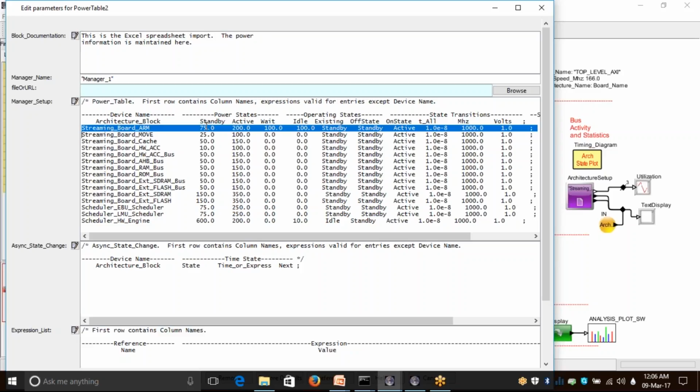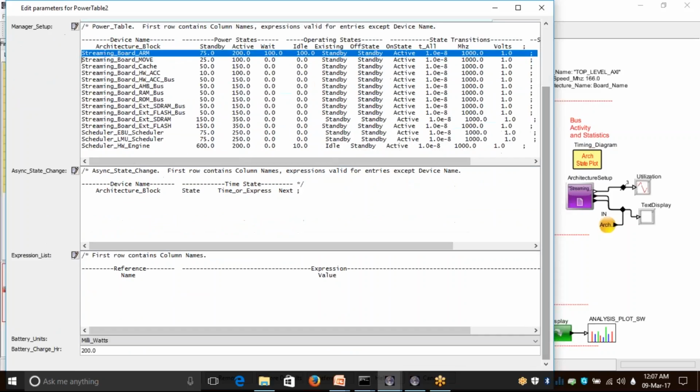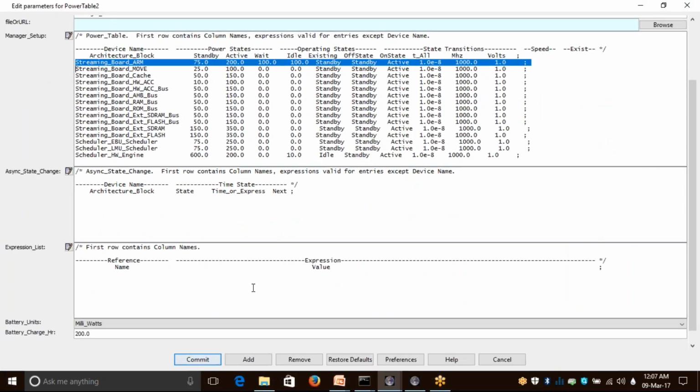For example, what is the power consumption in active state, standby state, wait state, and if you have any additional states, you can list those out as well. Okay, I'm going to come to the other blocks in a little while.